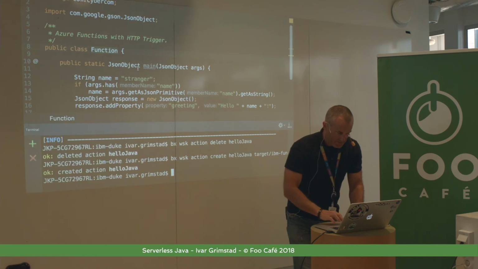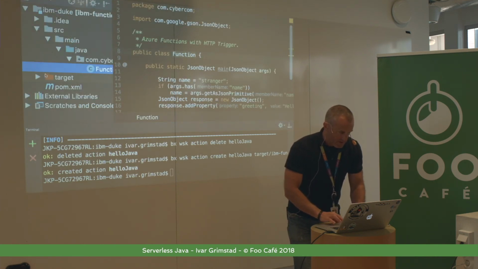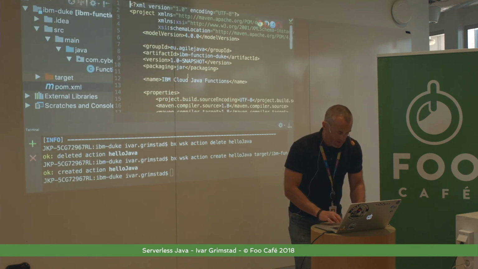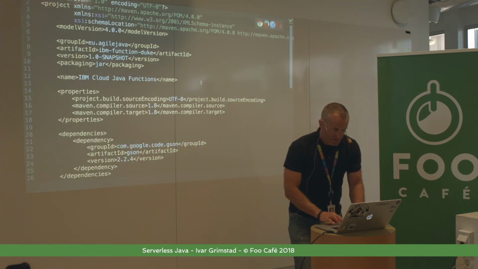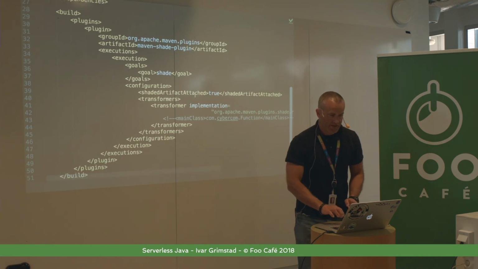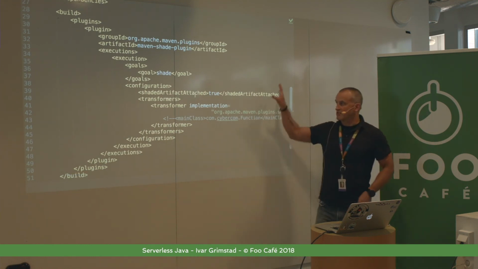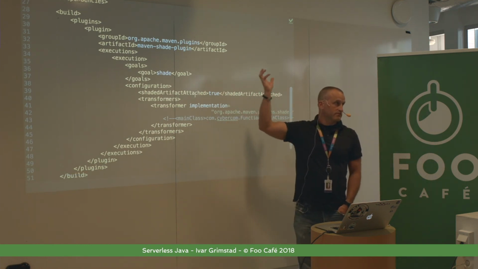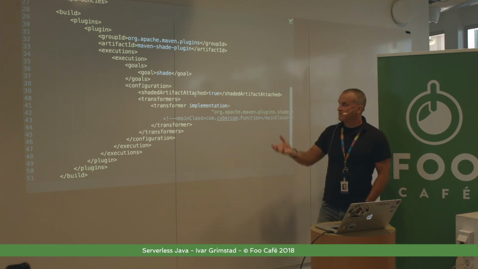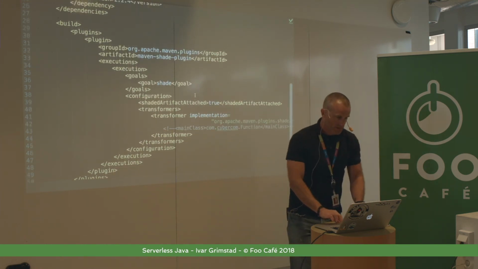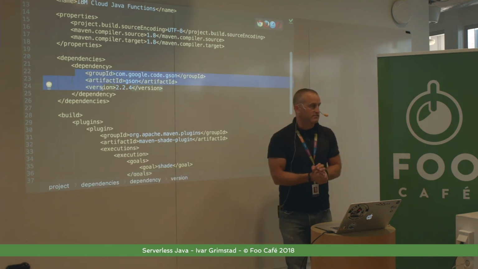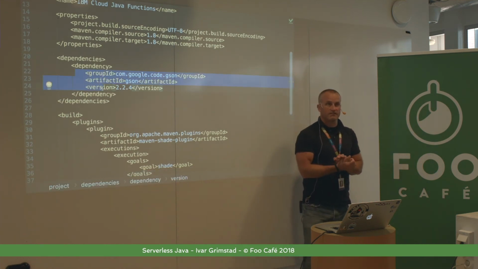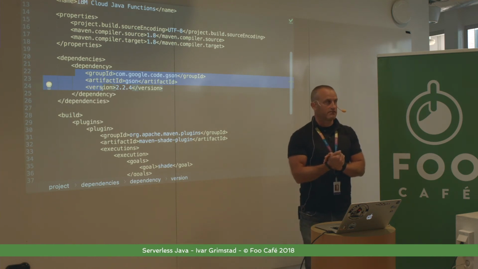So the advantage of this way is that the POM file gets much simpler. Because here I can use the shade plugin to just generate a jar file. And the dependency I need is a JSON library to get the JSON serialization done.